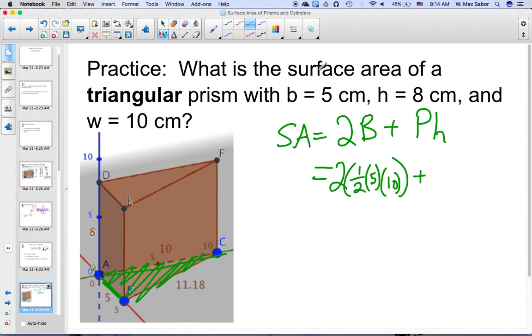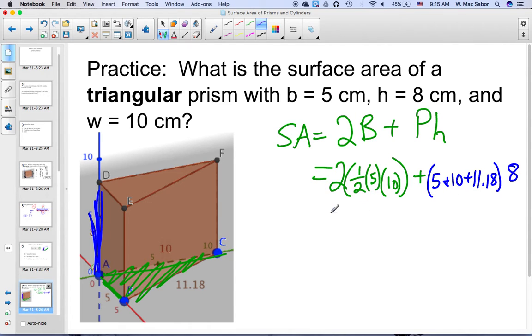The perimeter of the triangle is adding up 5, 10, and 11.18. And the height is 8. Now this is talking about the height of the prism.